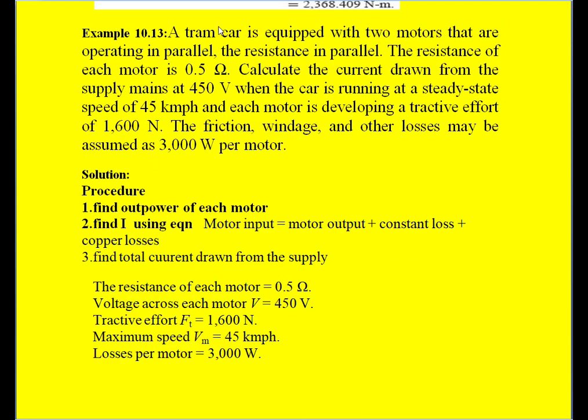Now let us take another problem. A tram car is equipped with 2 motors operating in parallel. The resistance of each motor is 0.5 ohms. Calculate the current drawn from the main supply at 450 volts when the car is running at a steady state speed of 45 km per hour and each motor is developing a tractive effort of 1600 newtons.